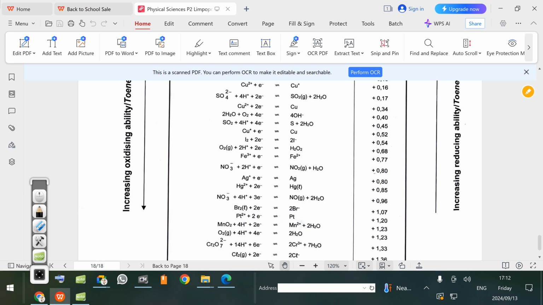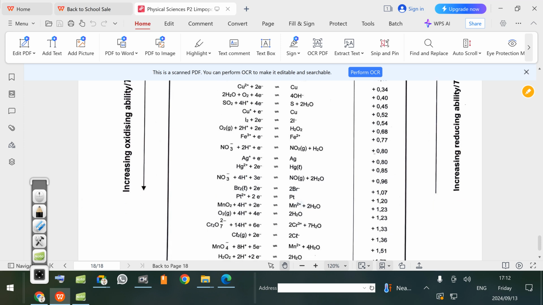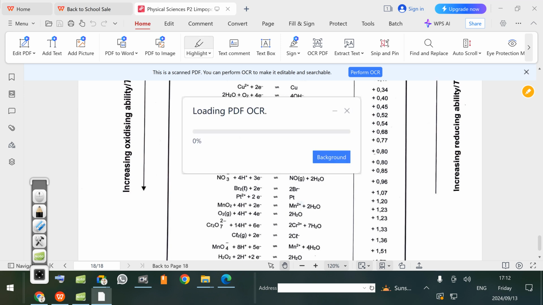Which one are we seeing first? I'll put it there. Can you see Cu2+? Yes, all right.